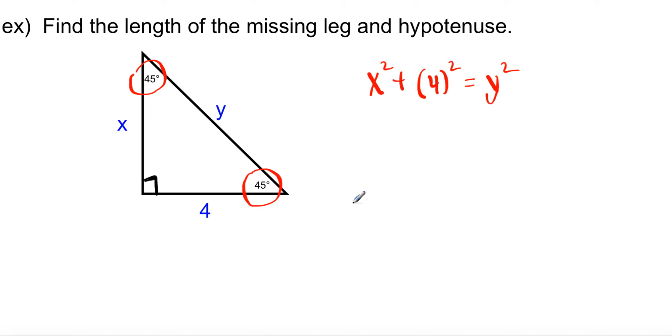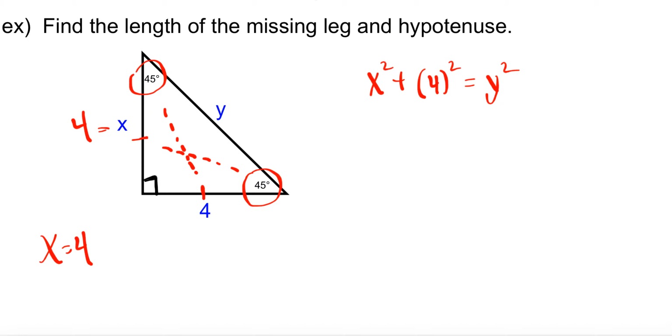And as you remember from a previous video, that makes this an isosceles triangle because those are the base angles. And so when the base angles are congruent, the opposite legs are congruent. So we have no math to do at all. We know x is 4 because the base angles are congruent. Let me write that over here too.